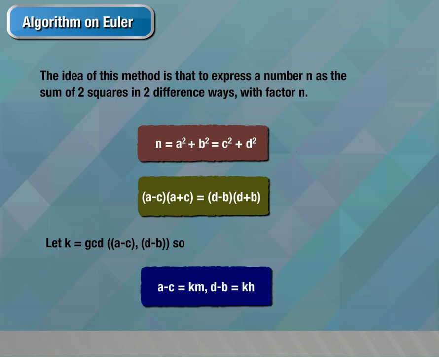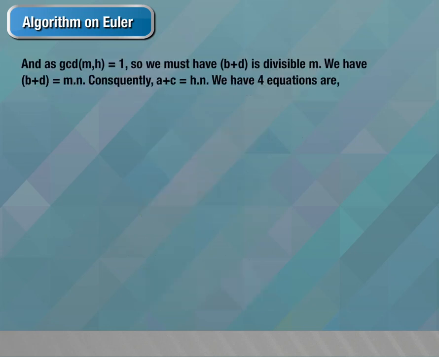So a − c = km, d − b = kh. And as gcd(m, h) = 1, we must have b + d divisible by m. We have b + d = mn. Consequently, a + c = hn.